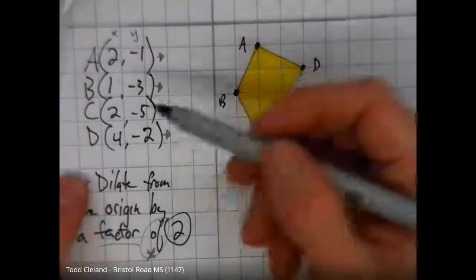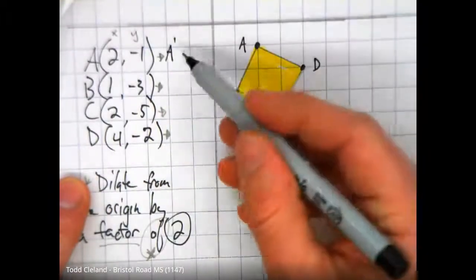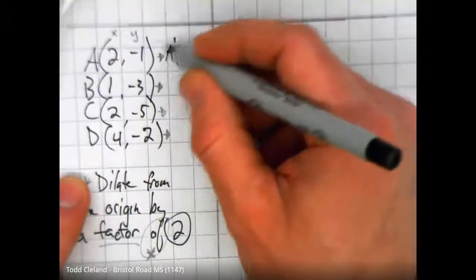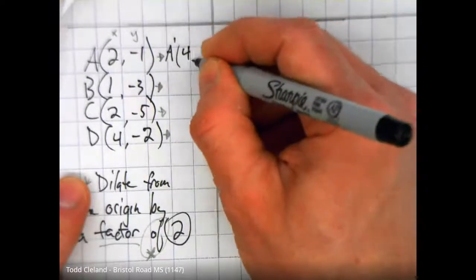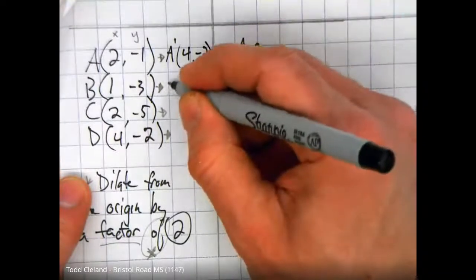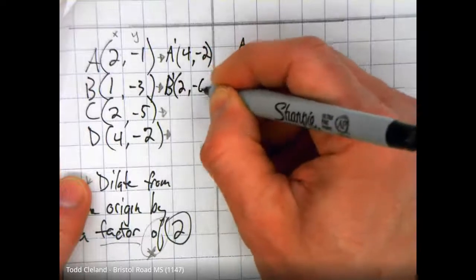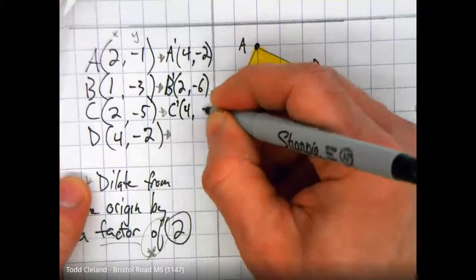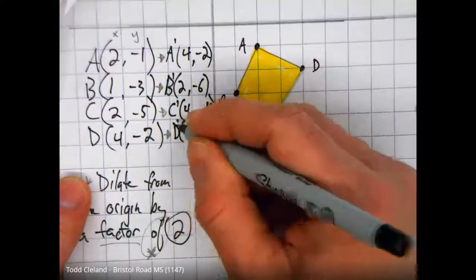All right, so I'm going to start multiplying these by 2. So just a quick reminder, for our nomenclature, it's A prime, and we put the little tick to indicate that this is the image of A after it's been dilated. Okay, and get the coordinate for B prime, C prime, and D prime.